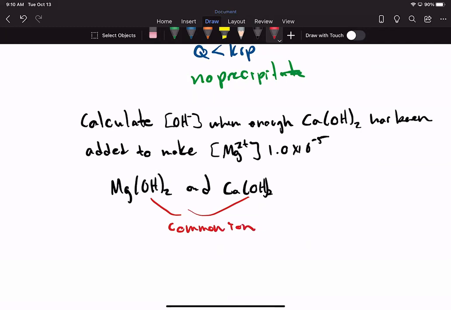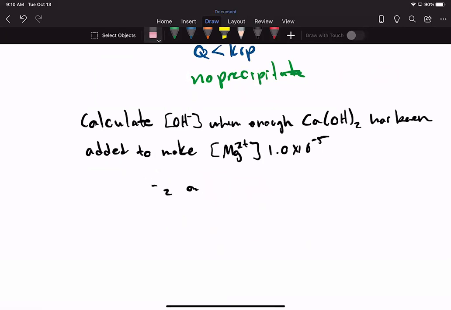We can add other compounds to make other solids precipitate out. That is very plausible to do, adding different compounds to make other compounds precipitate. We'll get back into the common ion effect in just a bit and talk about it some more.